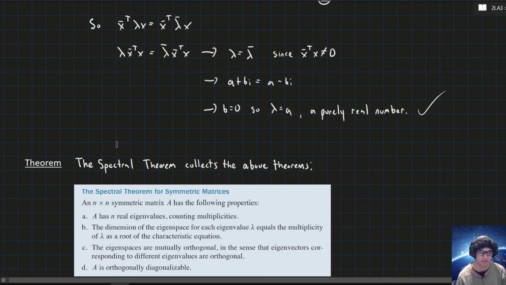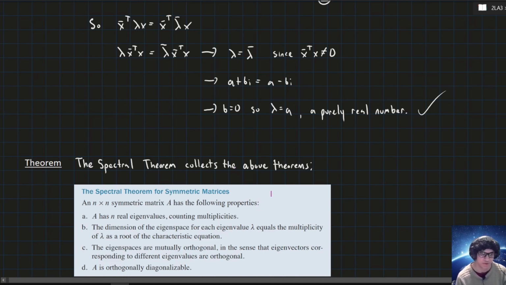Now I'll present what's called the spectral theorem for symmetric matrices. The spectrum of a matrix is the set of its eigenvalues. So the spectral theorem for symmetric matrices is a classification of all its eigenvalues.